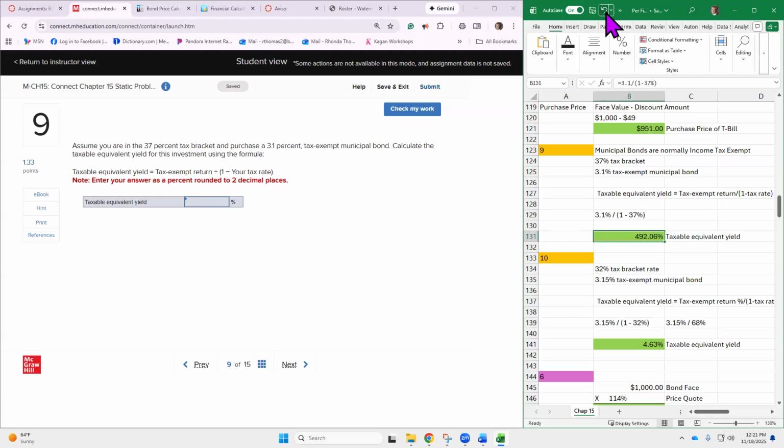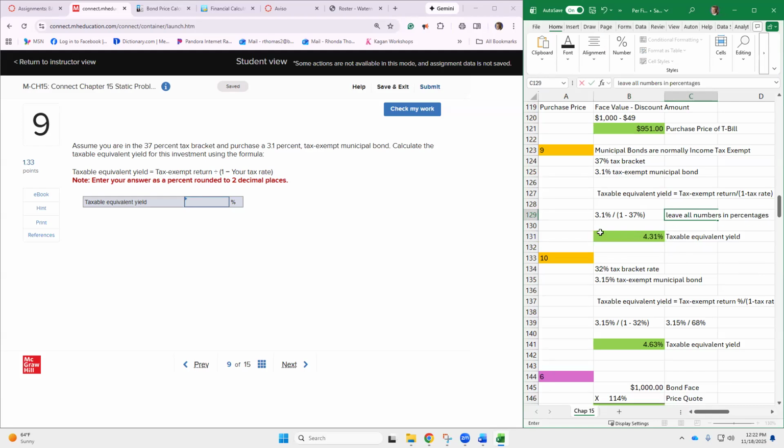I had it nice and neat when I had the last one in here. Okay, so here's what you do. Leave it all in percentages. Leave all numbers in percentages.